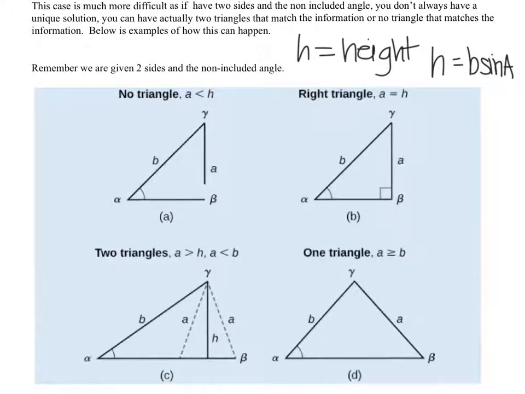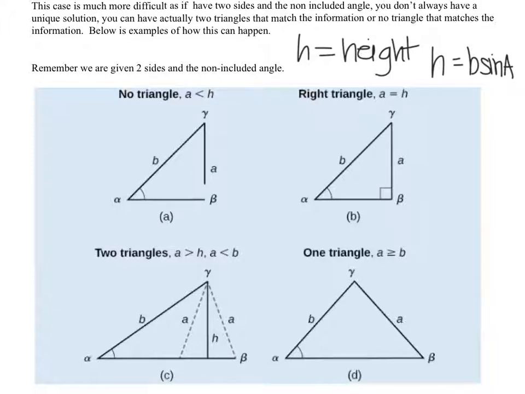So what we're going to be looking at mainly is this third case, where your side A is greater than the height but less than our other side B. This is the case where you can get two possible triangles. You can get two different values for angle B, and then for the last two, angle C and side c, you can get different solutions as well.